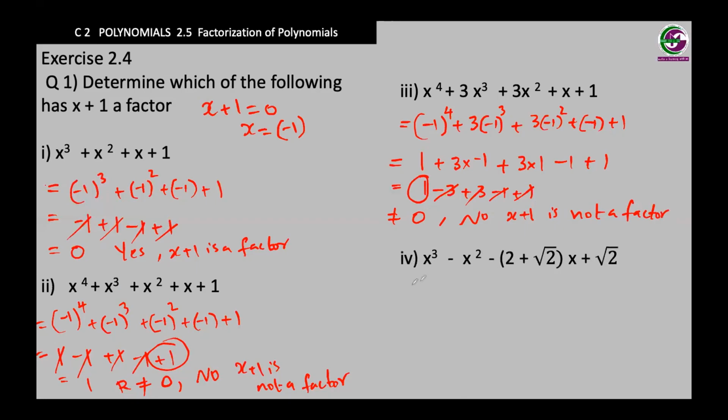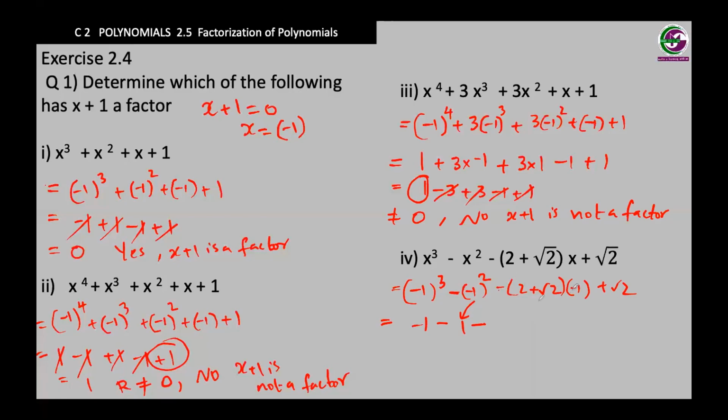Next one, x power 3. So negative 1 power 3 minus negative 1 power 2 minus (2 plus root 2) times negative 1 plus root 2, which is equal to negative of 1, because power 2 will be 1, but this negative will stay negative.